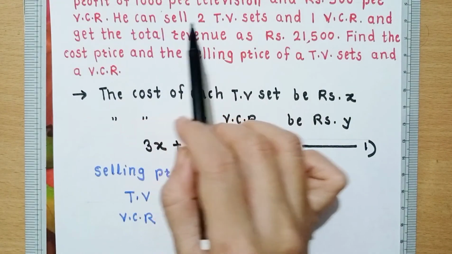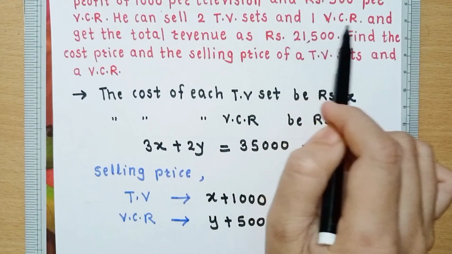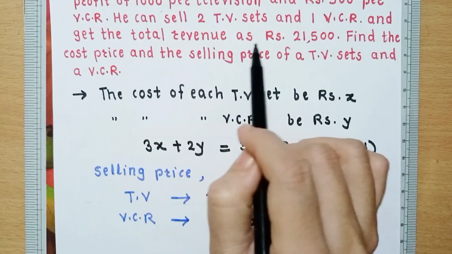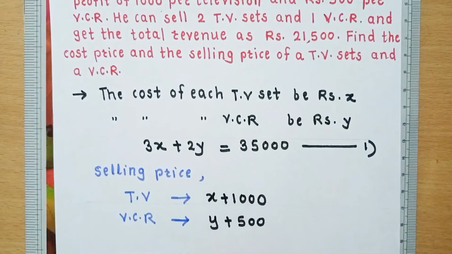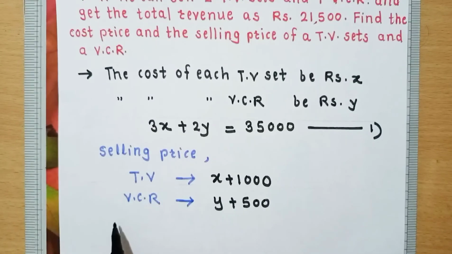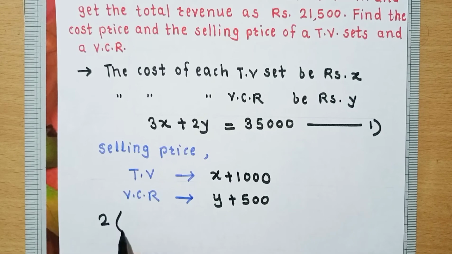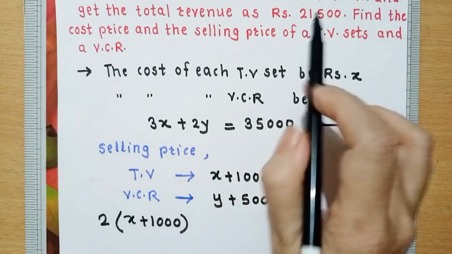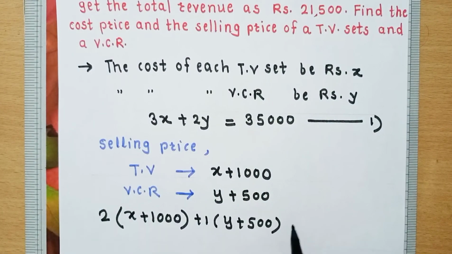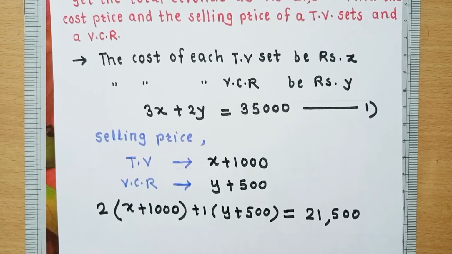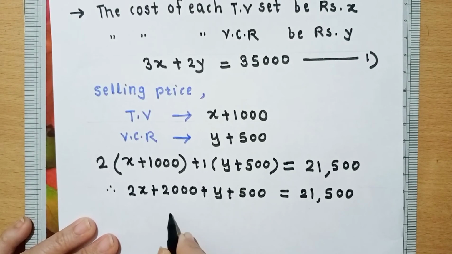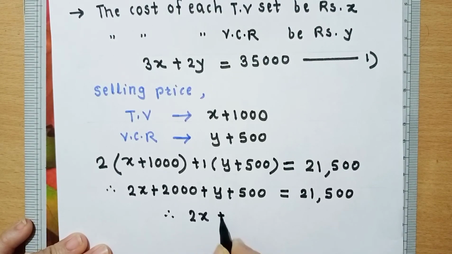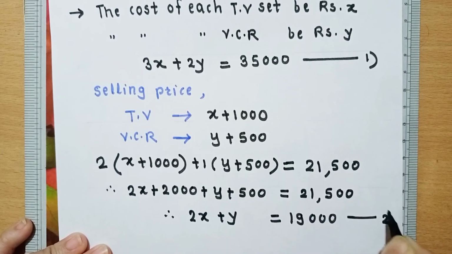Now he can sell 2 TV sets and 1 VCR and get a total revenue of 21,500 rupees. So from this we write the second condition: 2 TV sets, so 2 multiplied by the new value x plus 1,000, and 1 VCR, so 1 multiplied by this, and he is getting 21,500. Now simplify this, and the final equation is 2x plus y is equal to 19,000. See, this is the second equation.